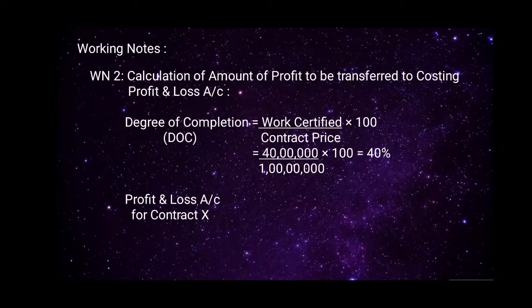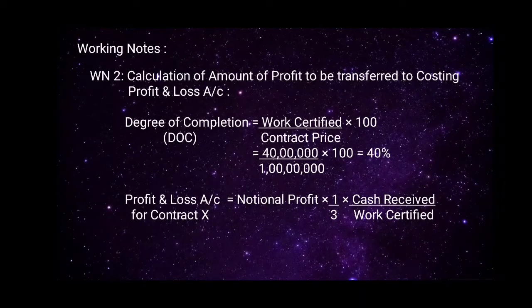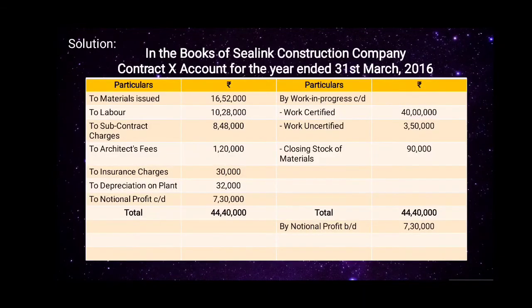So profit transferred to profit and loss account for contract X is equal to notional profit into 1 divided by 3 into cash received divided by work certified. So the notional profit amount is 7,30,000.